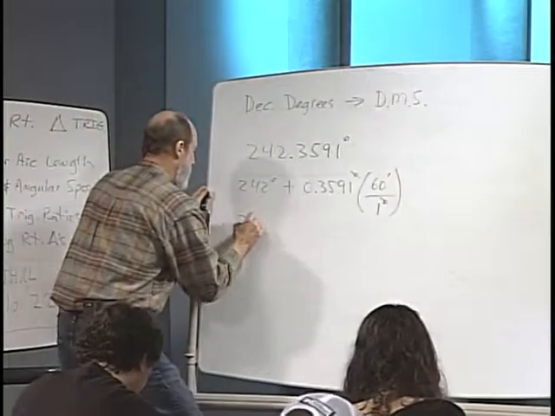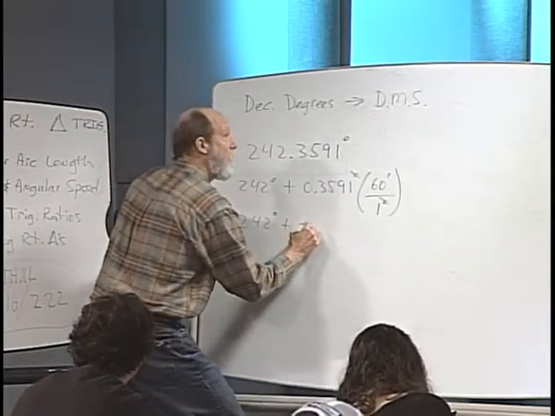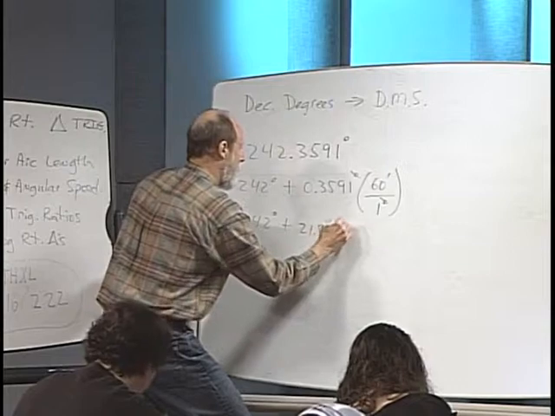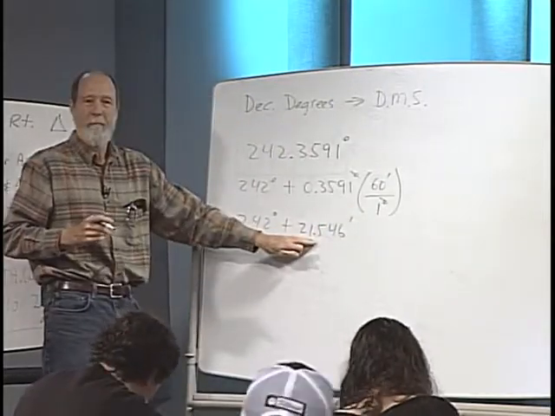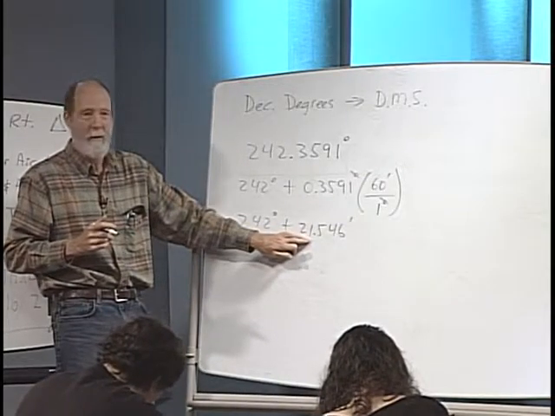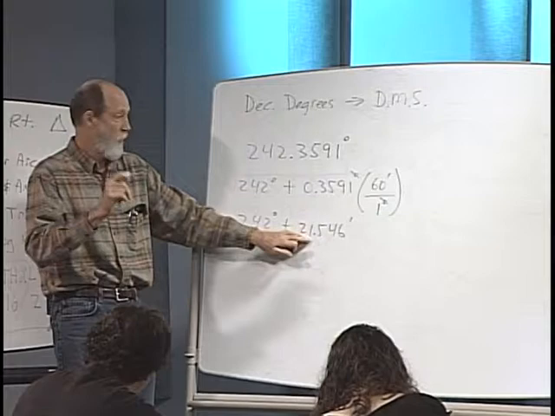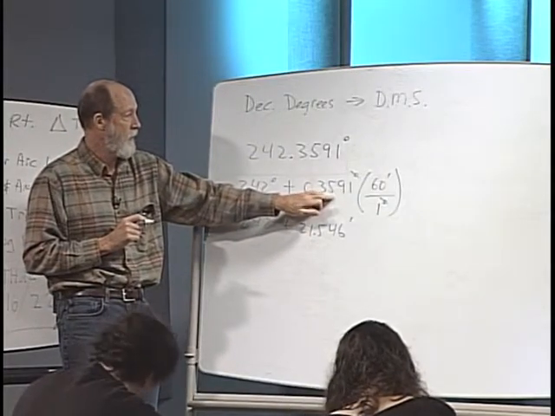So the next step is we have 242 degrees plus 21.546 minutes. Notice that's a little more than 20 minutes. Remember a moment ago, we mentally thought about a little more than a third of a degree.